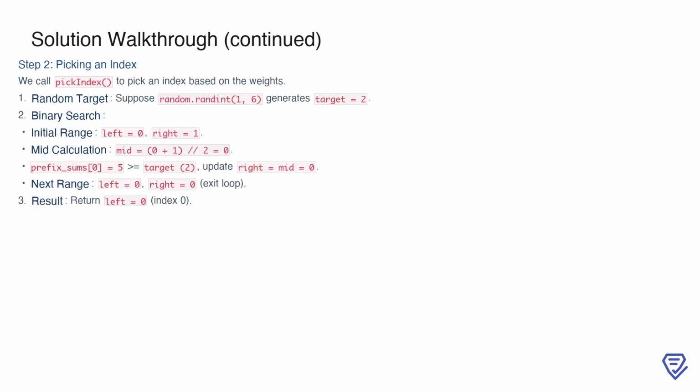Checking prefix_sums[0], we see that 5 is greater than or equal to the target 2. This indicates that the target lies in the range covered by index 0, so we update right to mid, which is 0. At this point, left equals right, so the binary search terminates. The result is index 0, corresponding to the target 2 based on the weights.